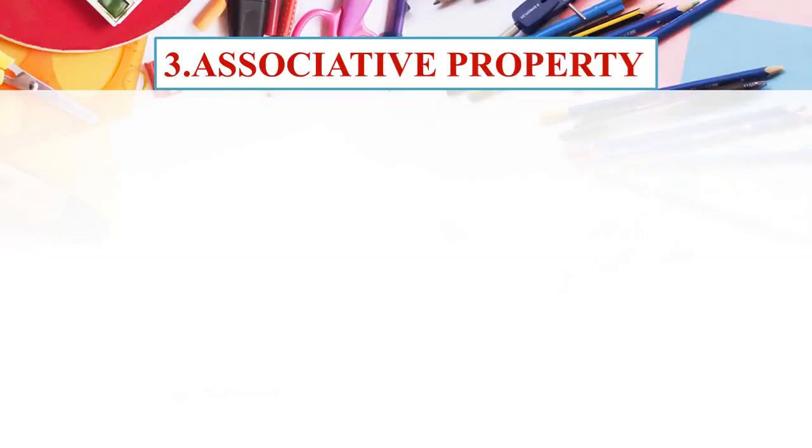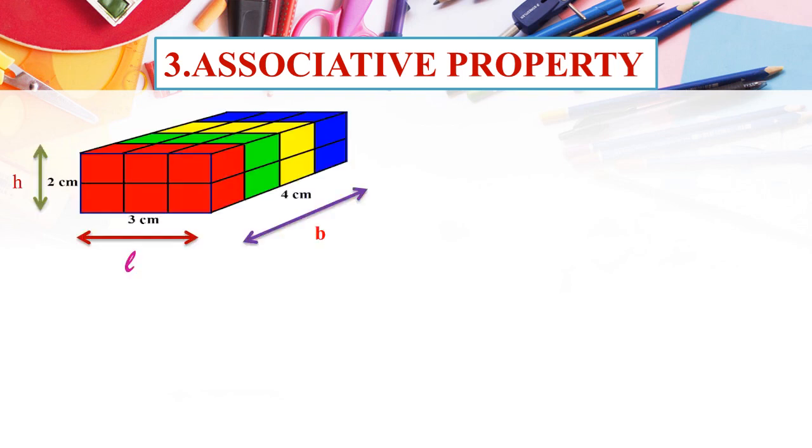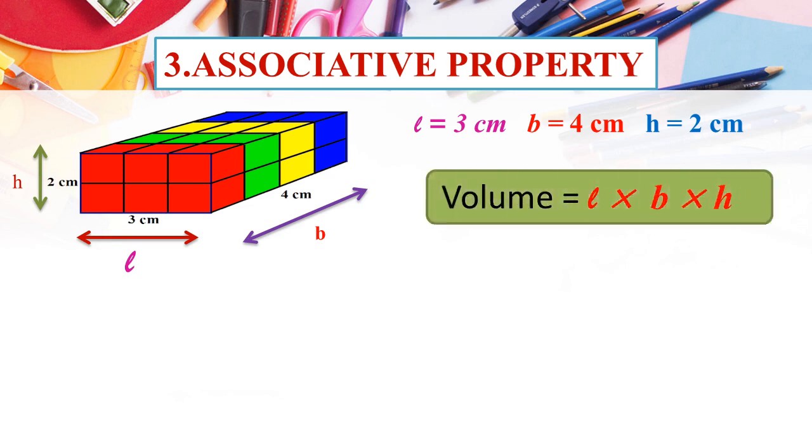Next, associative property. This is a cuboid. Here, length equal to 3 cm, breadth equal to 4 cm, height equal to 2 cm. Now, let us find the volume of the cuboid. Volume of cuboid equal to the product of length, breadth and height.